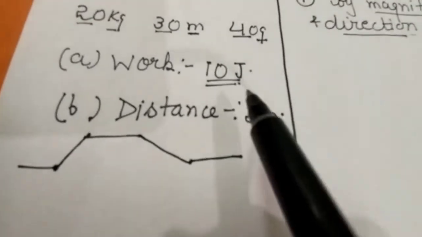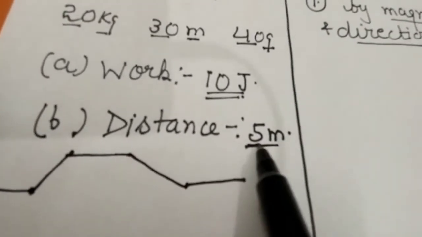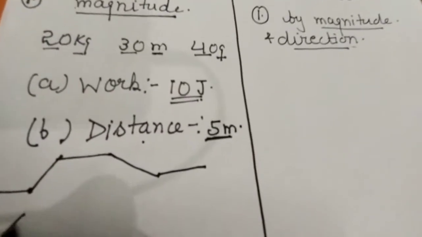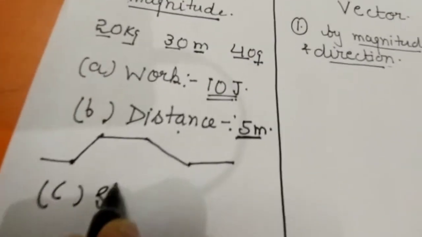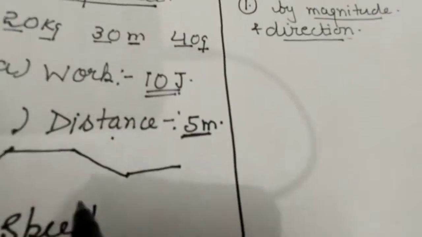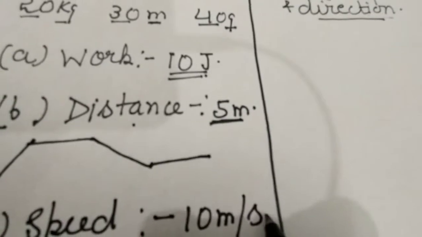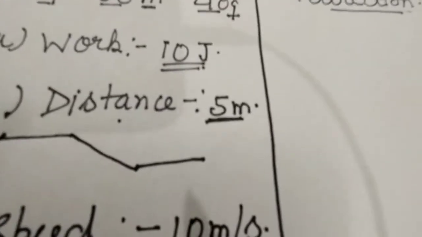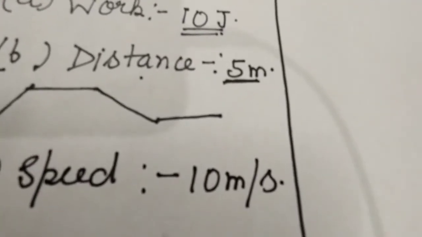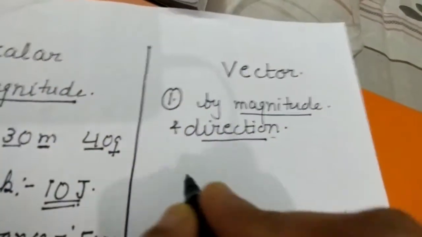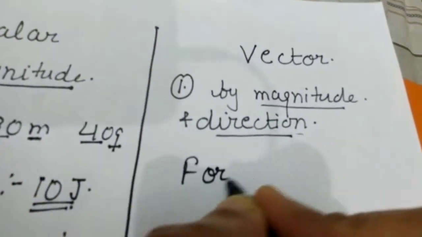So here only magnitude represents this quantity, distance. So these are the examples. Another example: speed is also a scalar quantity, which is represented only by its magnitude, not by its direction.